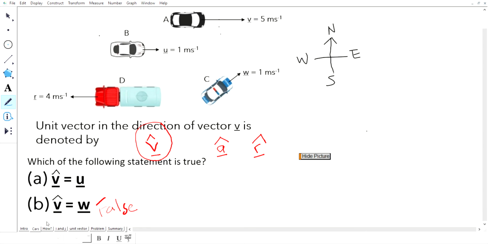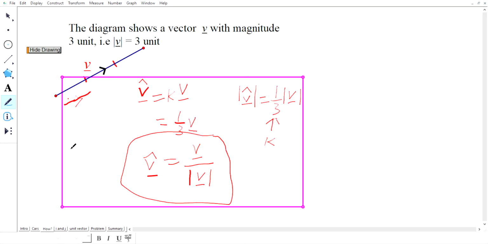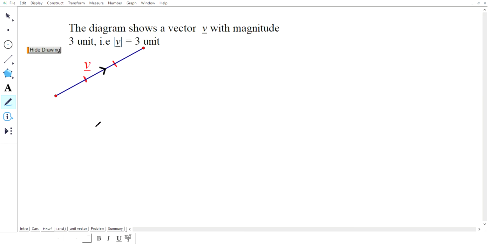Next, let us learn how to find unit vector in the direction of vector V. The following diagram shows a vector V with magnitude 3 units.